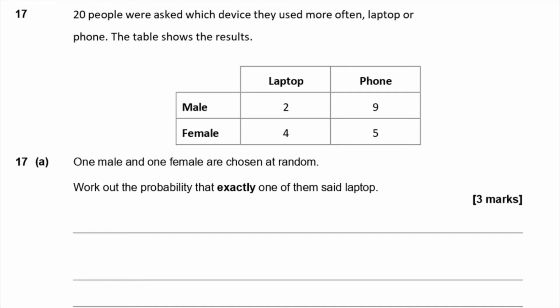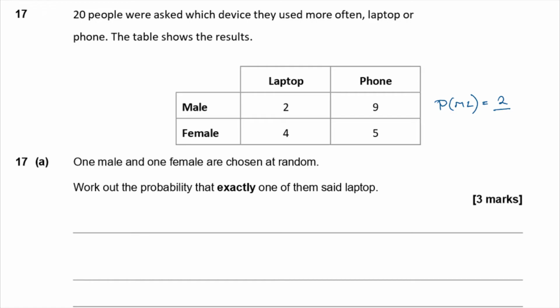Okay, let's first work out the probability of individual males and females saying laptop then. So the probability that a male says a laptop, that is going to be the 2 males who had laptops divided by the total number of males.